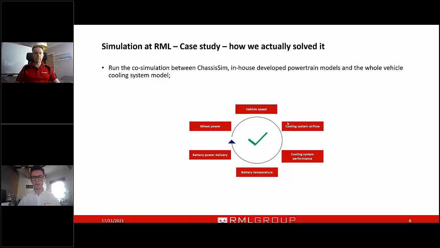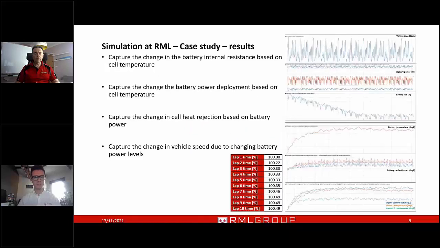So vehicle speed affects cooling system performance. The cooling system performance then affects the temperature of the battery, which then affects the heat rejection coming out of the battery, and also affects the battery power delivery, which affects the vehicle speed itself. So you go through this loop, which means that your results gain an additional degree of accuracy and representative results.